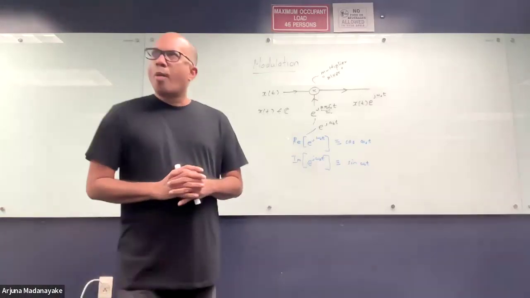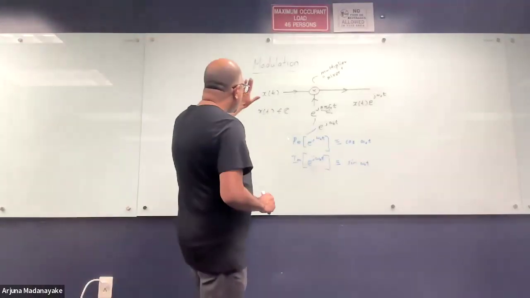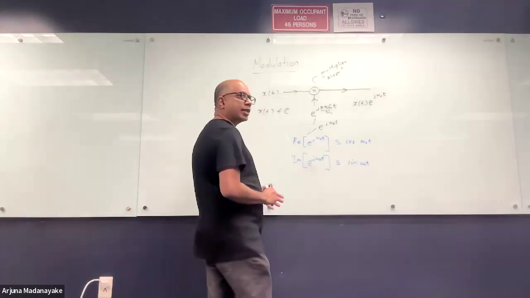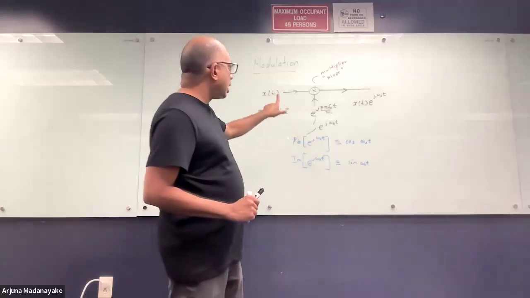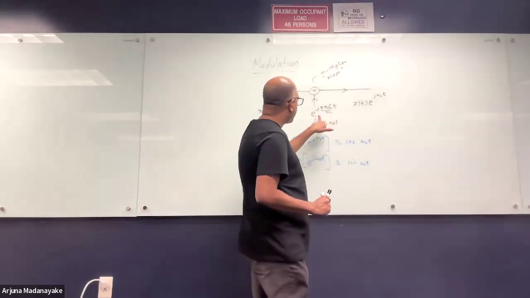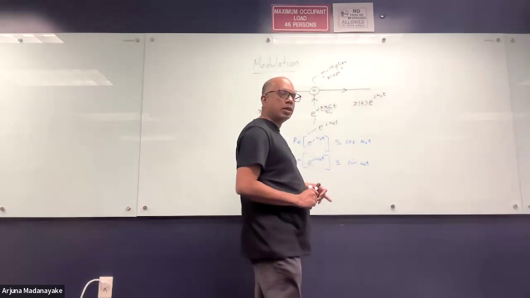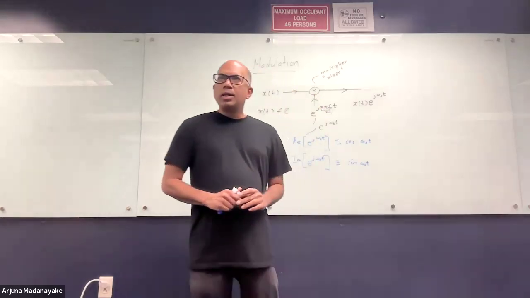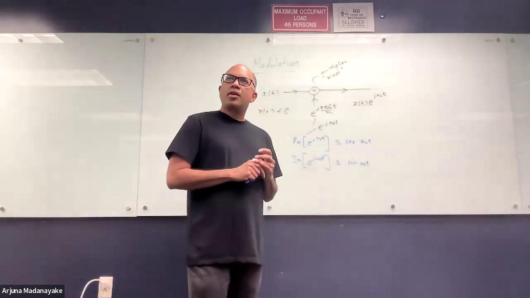So the modulation property of the Fourier transform says that when you multiply your input signal x of t by e to the j 2 pi f0 t, that effectively doesn't change the shape of the spectrum of the signal.